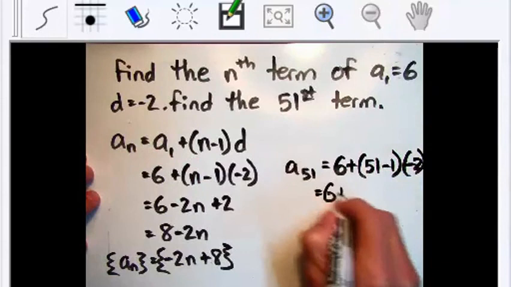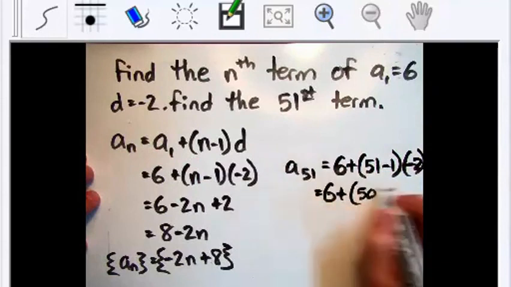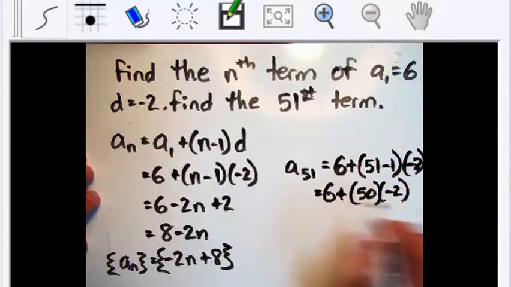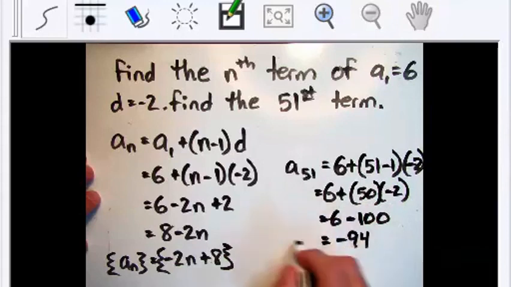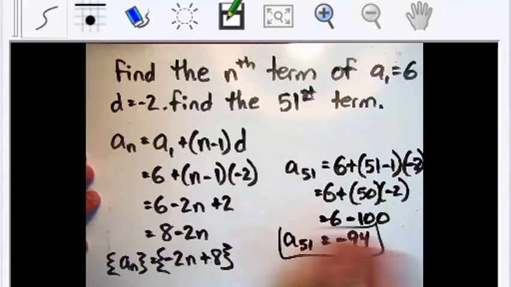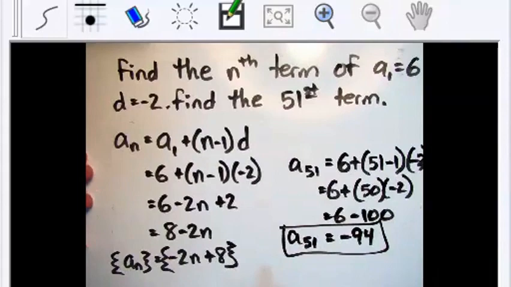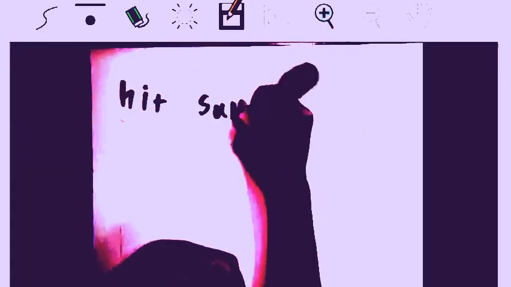So we got 6 plus 50 times negative 2. So 6 minus 100. So negative 94 would be the 51st term of this sequence.